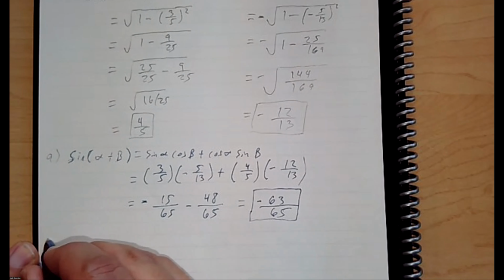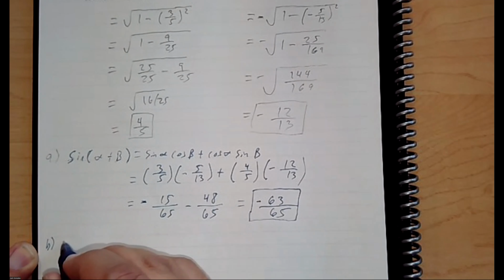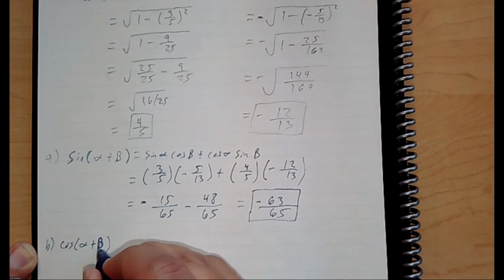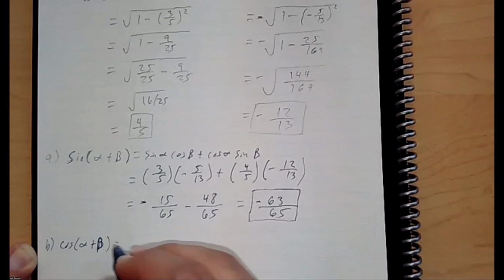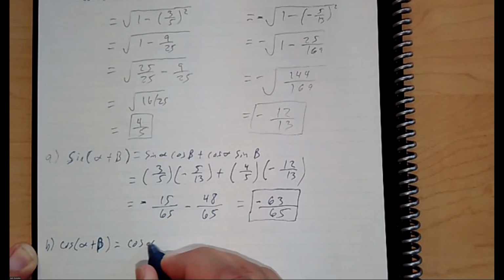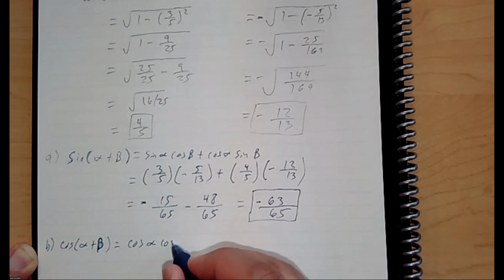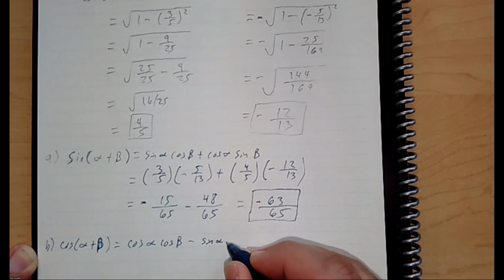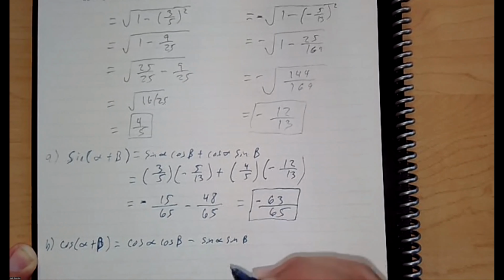All right, part B. Now that you have everything, it's not a big deal. You're just plugging stuff in. This would be cosine alpha cosine beta minus sine alpha sine beta.